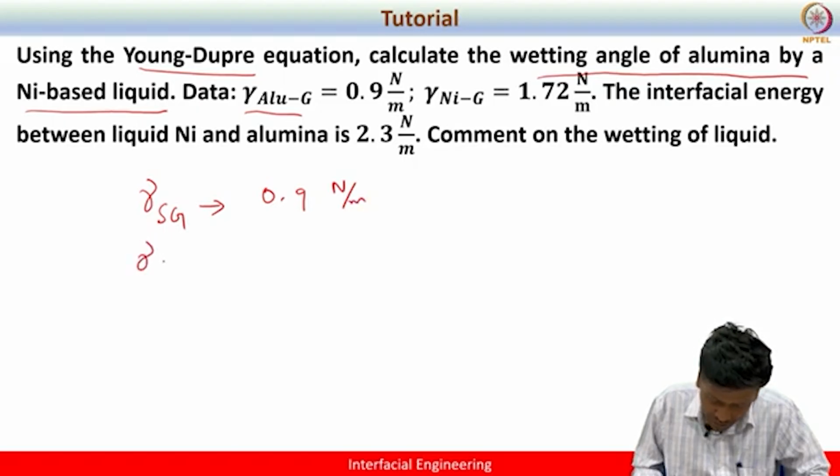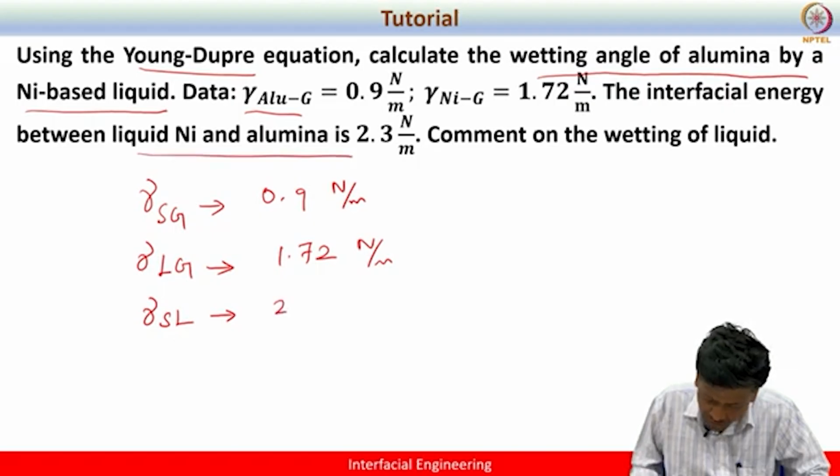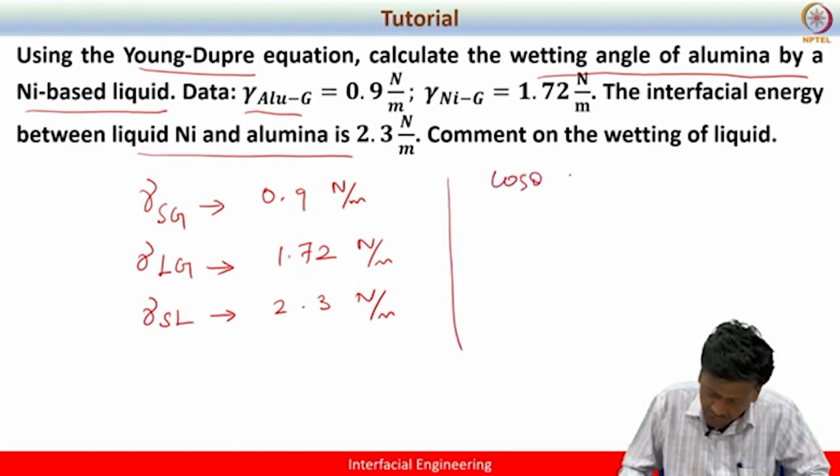We also know gamma LG, which is 1.72 Newton per meter. And we also know gamma SL, which is 2.3 Newton per meter. So we know cos theta, which is gamma Sg minus gamma SL divided by gamma LG.